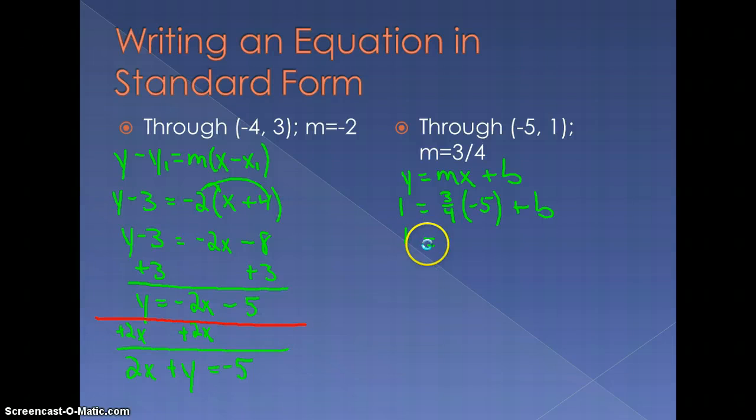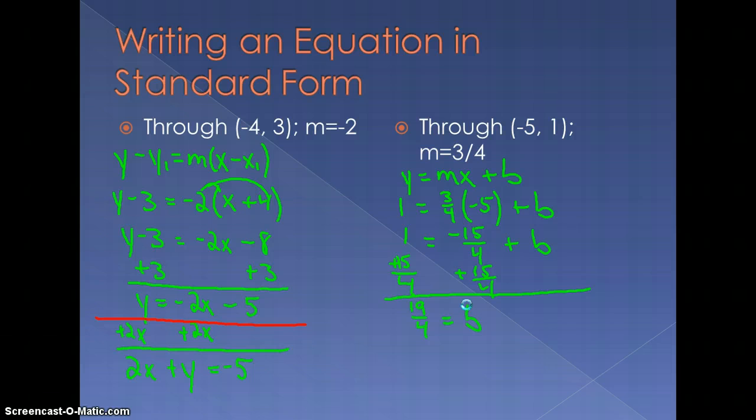We have 1 is equal to negative 15 over 4 plus b. We will add 15 over 4 to both sides to get our y-intercept. So 1 is 4 over 4, so that gives us 19 over 4 is equal to b.